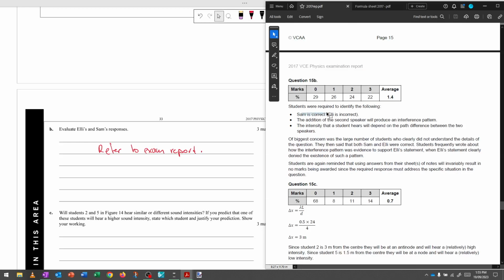Okay, Sam is correct, Ellie is wrong, and why? Addition of a second speaker will produce an interference pattern. Yep, we mentioned that. The intensity that a student hears will depend on the path difference between the two speakers. Yep, we mentioned that in the roundabout way because the path difference determines whether you're on a nodal line or an antinodal line. Alright, cool, I hope that makes sense.